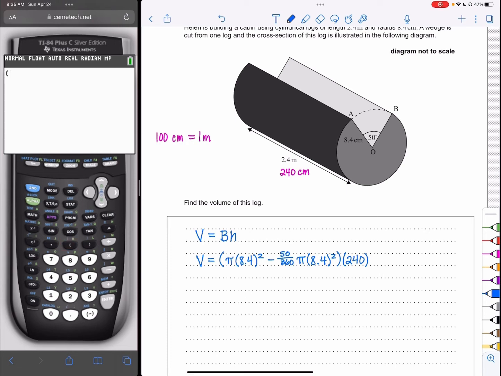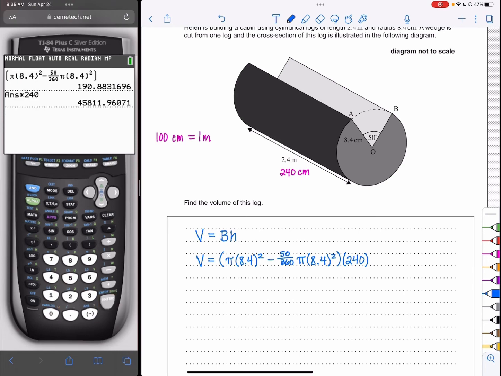So literally all I have to do is substitute that into the calculator as it's written. And then we're going to multiply that by 240.